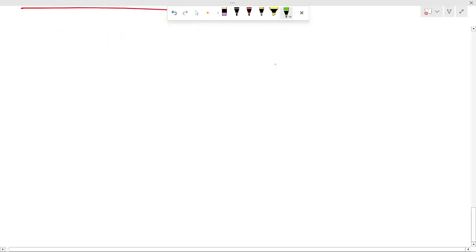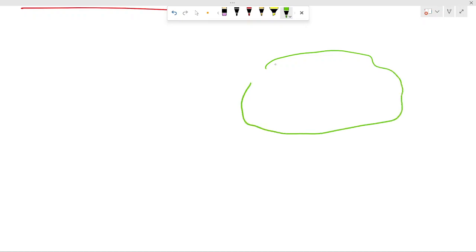Let me consider a Gaussian surface like this, and let us consider this elementary surface as dS.